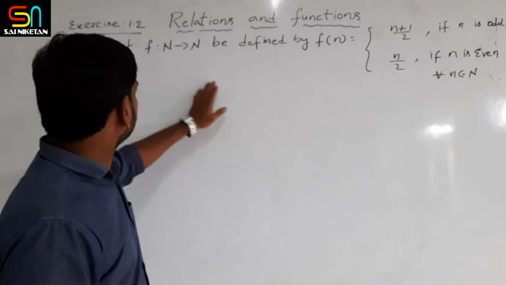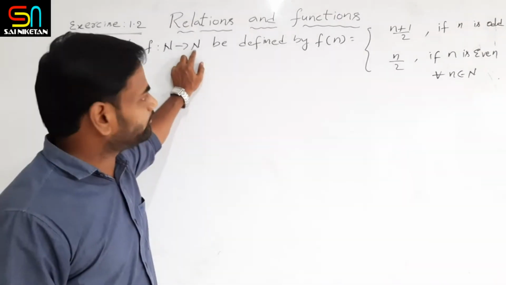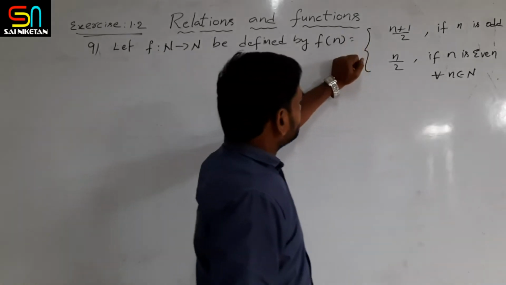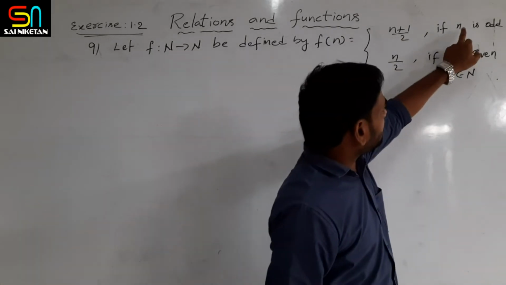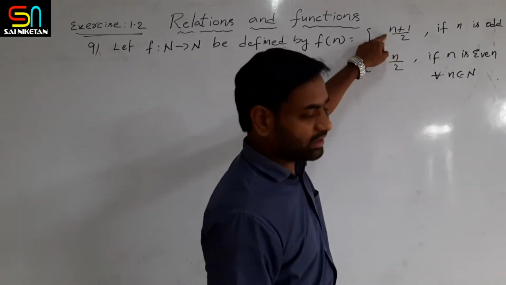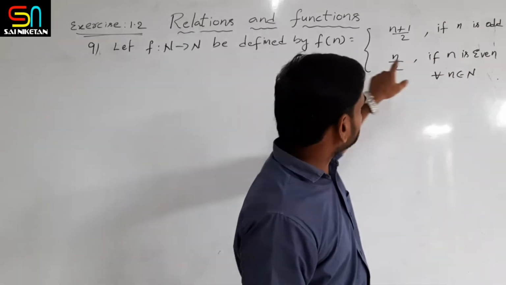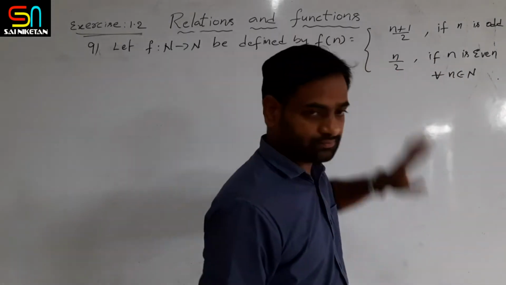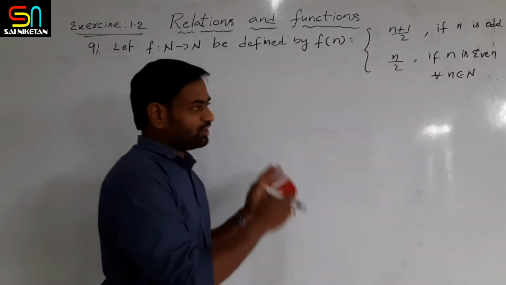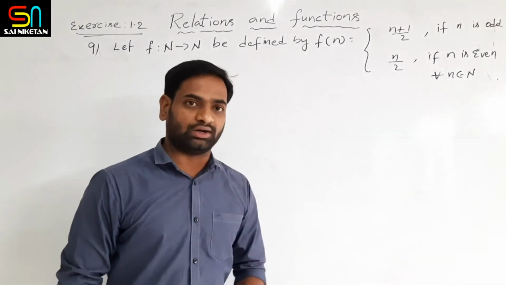See the next problem. Let f from capital N to N be the function defined as, when n value is an odd number, then the function is n plus 1 by 2. When n value is an even number, then the function is n by 2. Now for this function f of n, we have to check whether it is bijective or not.